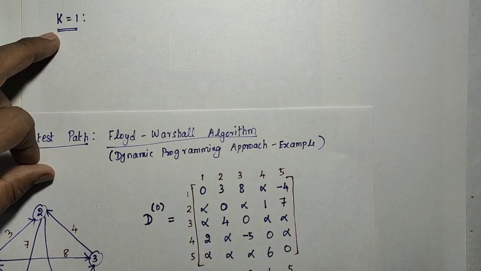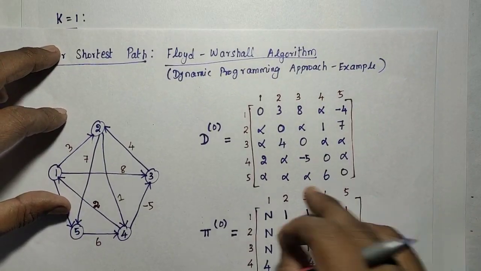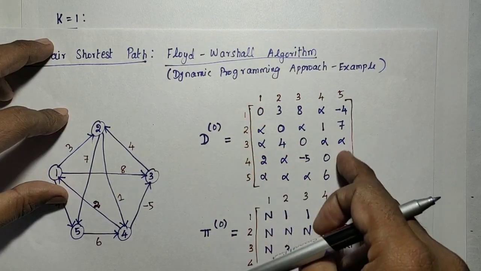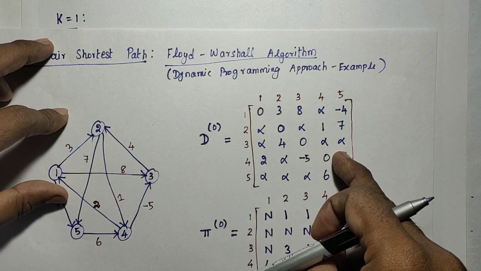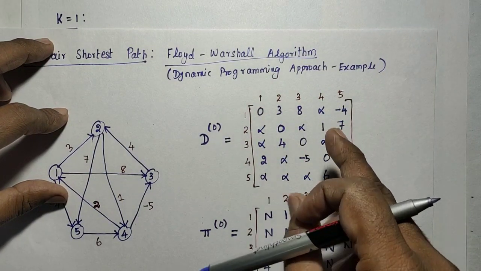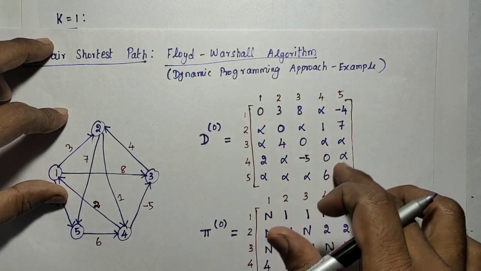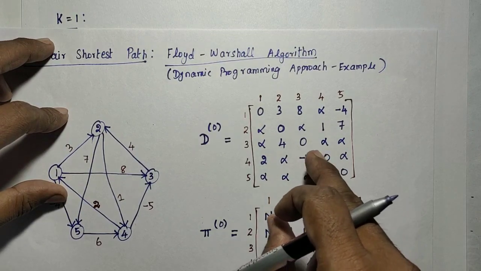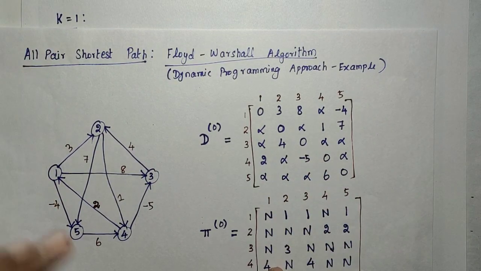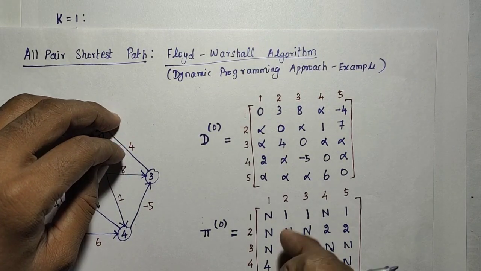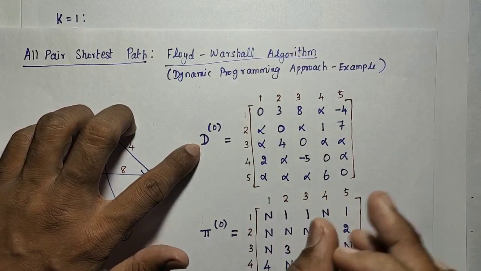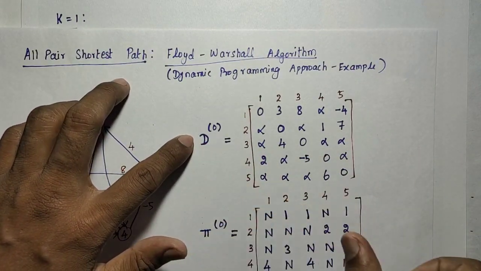K equal to 1 means, from these two matrices, based on the distance matrix only, we will do that updation. Based on the values in the distance matrix, we are going to do the updation. Based on that updation in the distance matrix, the corresponding parent matrix also will get updated. Whether the updation in the distance matrix is needed or not depends on some condition. That only we are going to discuss here.